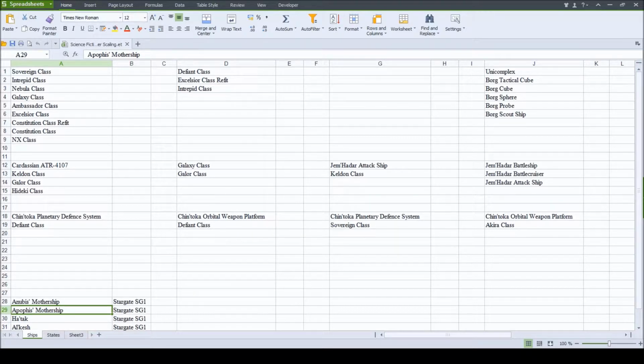For example, in Star Trek, you've got the NX class, the Constitution class, Refit, Excelsior, Ambassador, Galaxy, Nebula, Intrepid, and Sovereign, and they all are varyingly categorized as some sort of explorers, which in the context of Star Trek means that they are essentially jack of all trades spaceships.